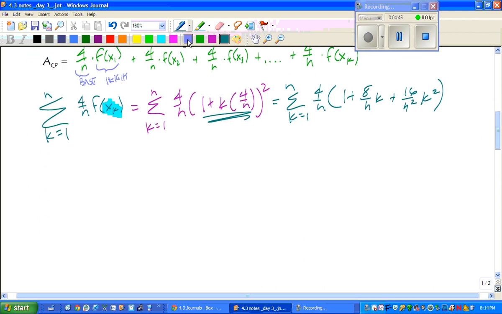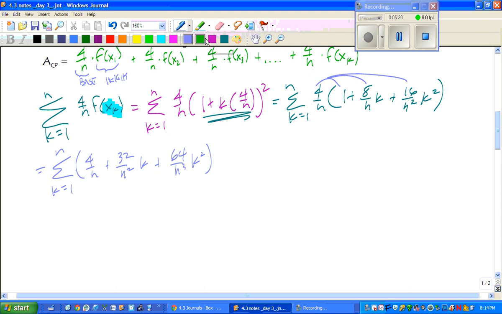Now, we can go ahead and distribute the 4 over n. So we have the sum still from k equals 1 to n of 4 over n plus 32 over n squared times k plus 64 over n cubed times k squared. Well, this brings us back to what we did on Friday.